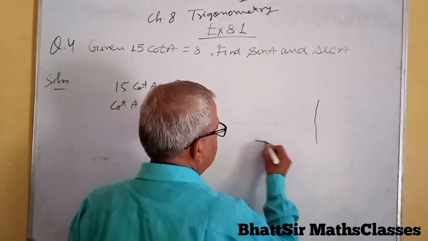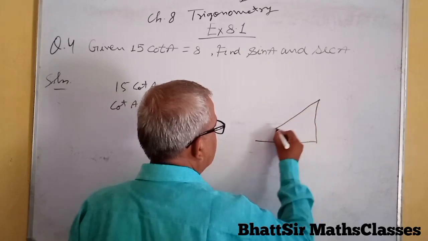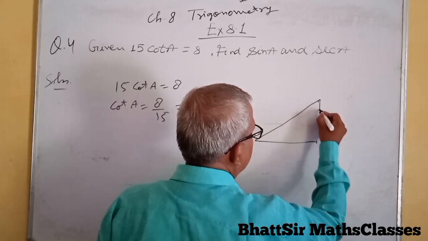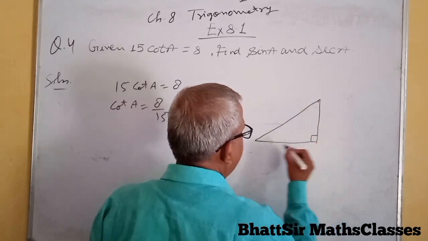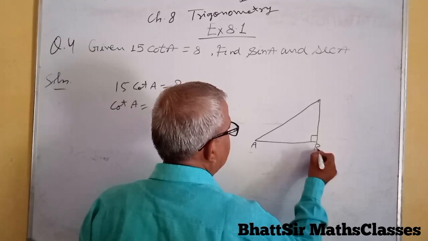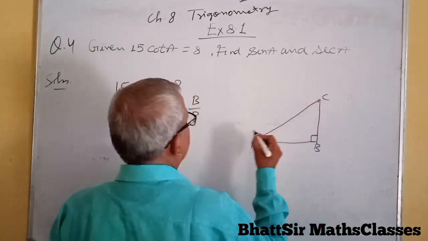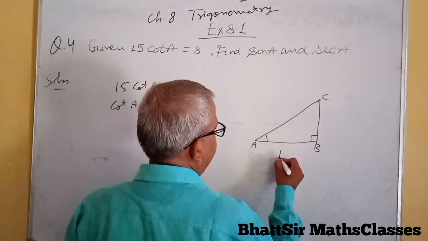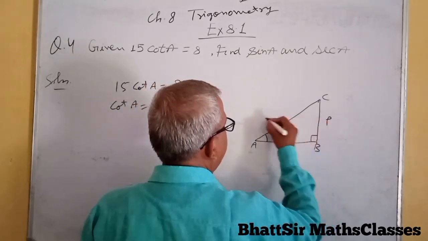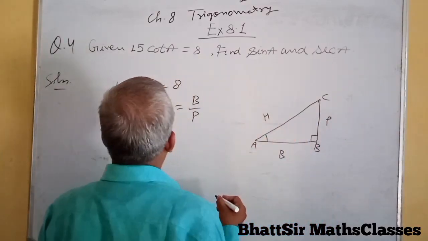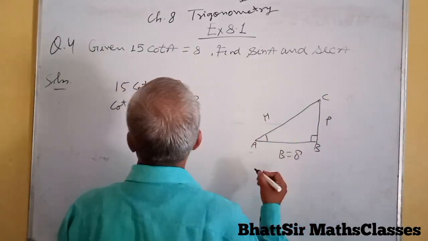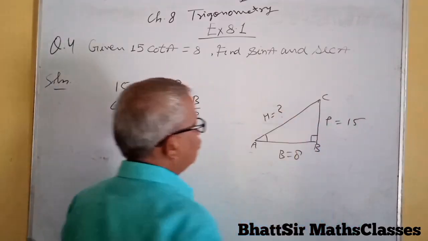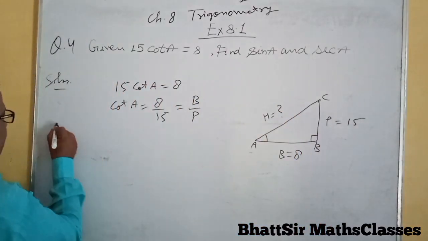Make a right angle triangle ABC, 90 degrees at B. So for angle A, it is the base, it is the perpendicular, it is the hypotenuse. So base is 8 and perpendicular is 15. Hypotenuse is the question mark.